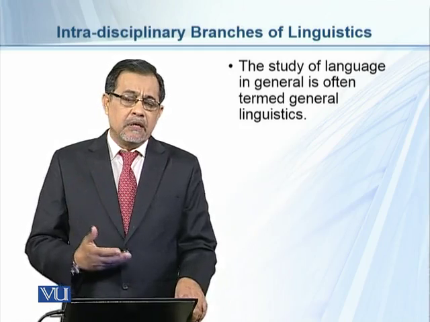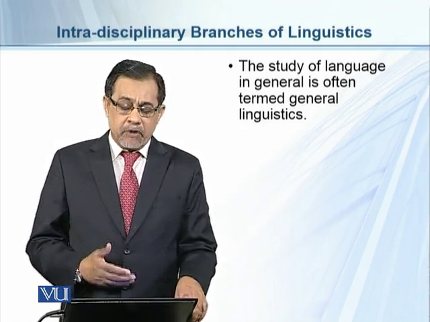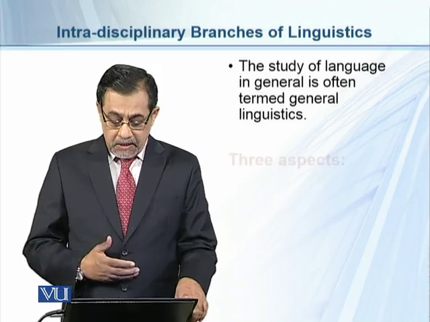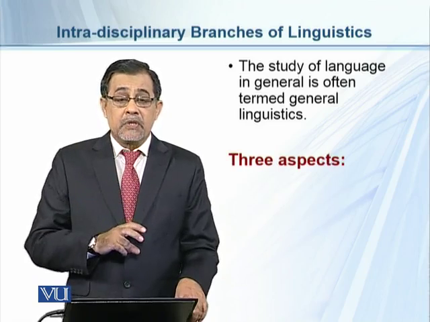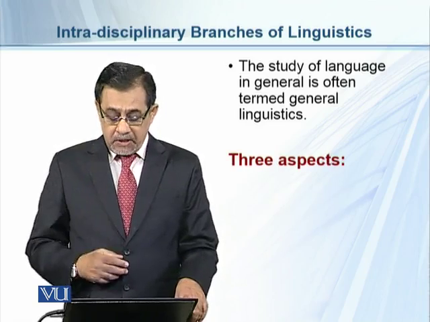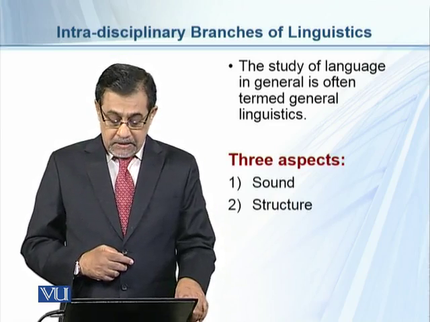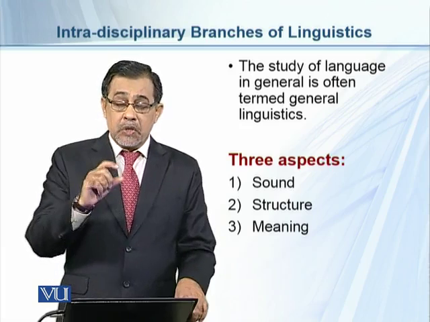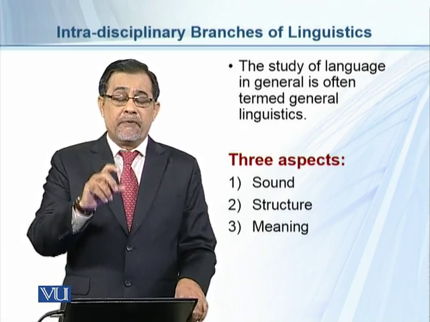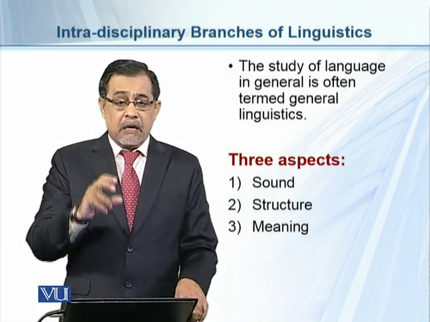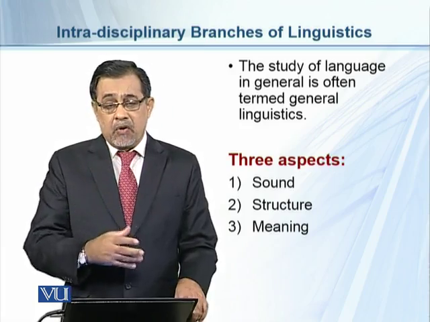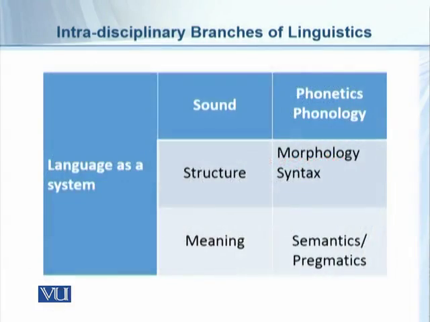You'll see later on that there are other types of linguistics as well. General linguistics has three main things: sound, structure, and meaning. This is the basic knowledge of linguistics on which all other branches of linguistics are based.